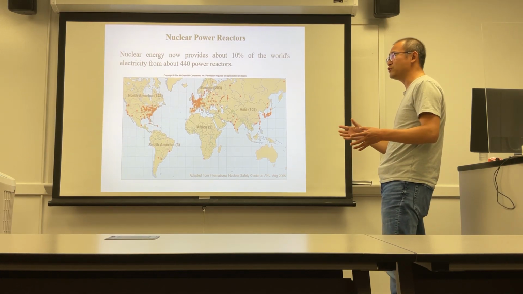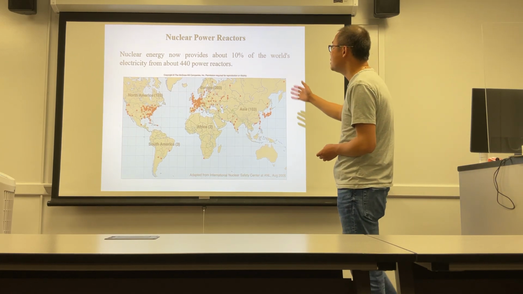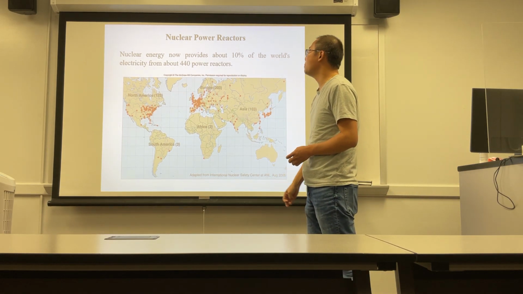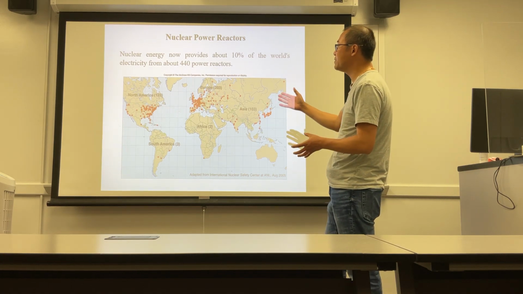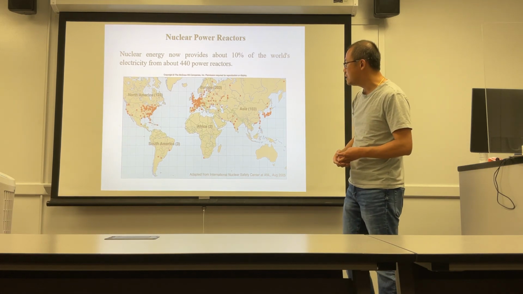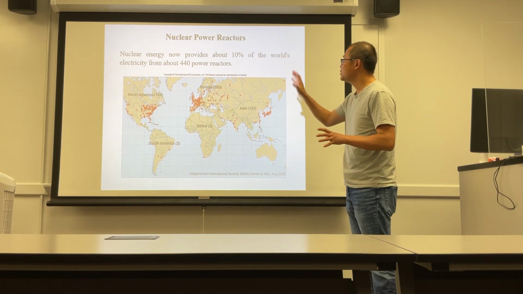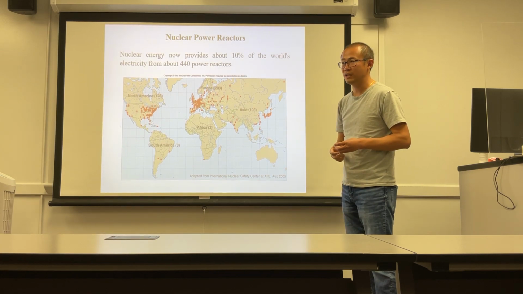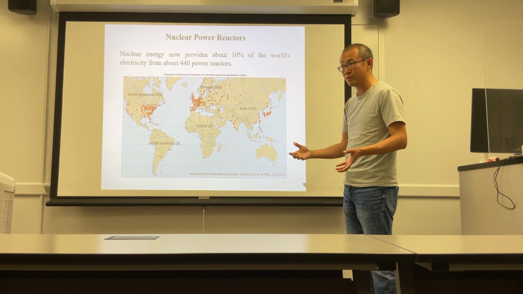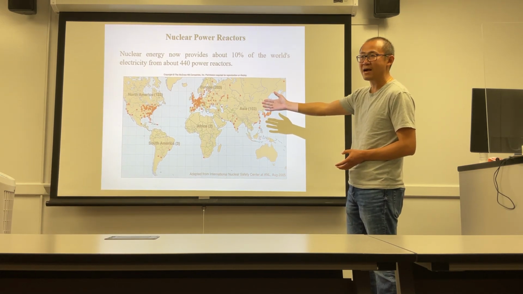There may be one or two retired, maybe a couple built, but the number is around 440 power plants, or to be more specific, 440 power reactors across the world that generate 10% of the world's electricity. And you can see that most of the nuclear power reactors are located where?